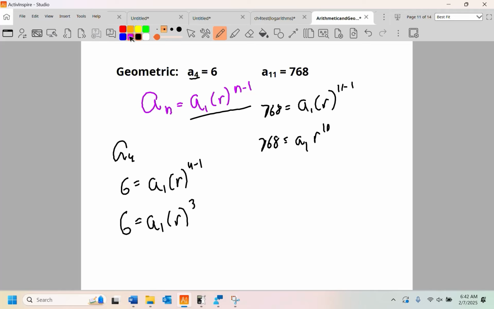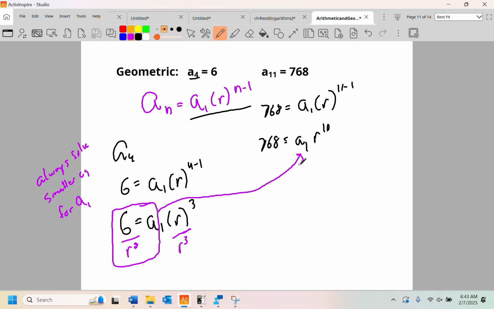Now, the strategy on these is to always solve the smaller equation for a sub 1. It's just the easiest way to do it. So I divide both sides by r cubed, and that's what a sub 1 is. And then I use the substitution property.